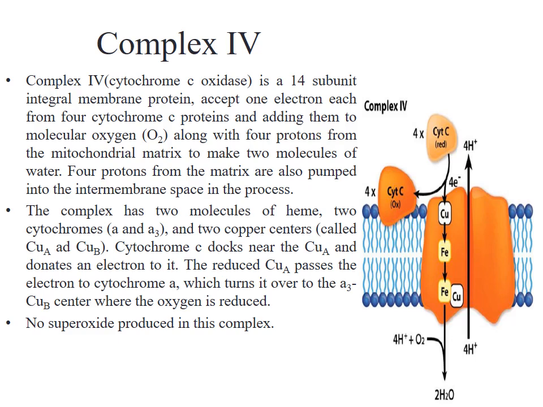The complex has 2 molecules of heme, 2 cytochromes A and A3, and 2 copper centers called copper A and copper B. Cytochrome C docks near copper A and donates an electron to it. The reduced copper A passes the electrons to cytochrome A, which turns it over to the A3 and copper B center, where oxygen is reduced.